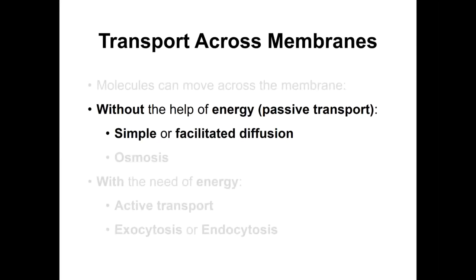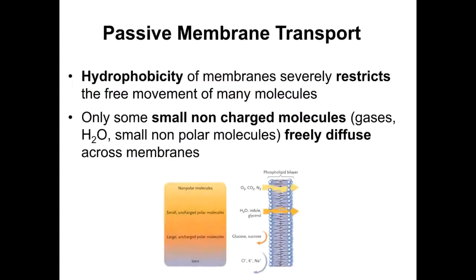Starting with passive transport, first of all, diffusion, whether it's simple or facilitated. By diffusion, we mean the movement of molecules following their concentration. We have to understand one thing: we are dealing with a big hydrophobic barrier, which is almost impermeable to most biological molecules. If you recall, simple carbohydrates, proteins, amino acids, and stuff like that are all polar molecules.